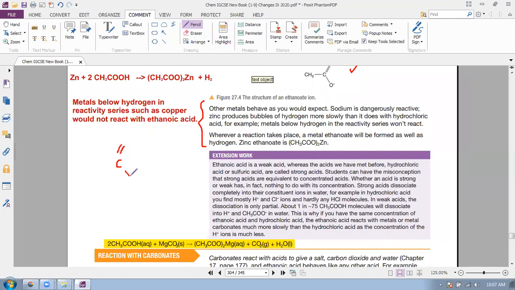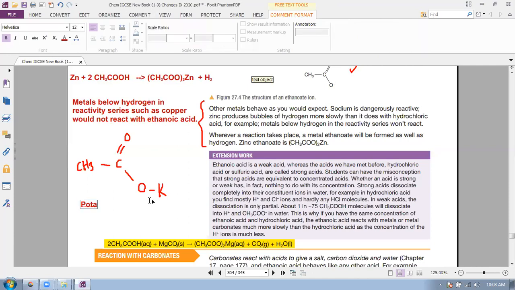Double bond O, single bond O, CH3 here, and just put the potassium here. And see, this is potassium ethanoate.